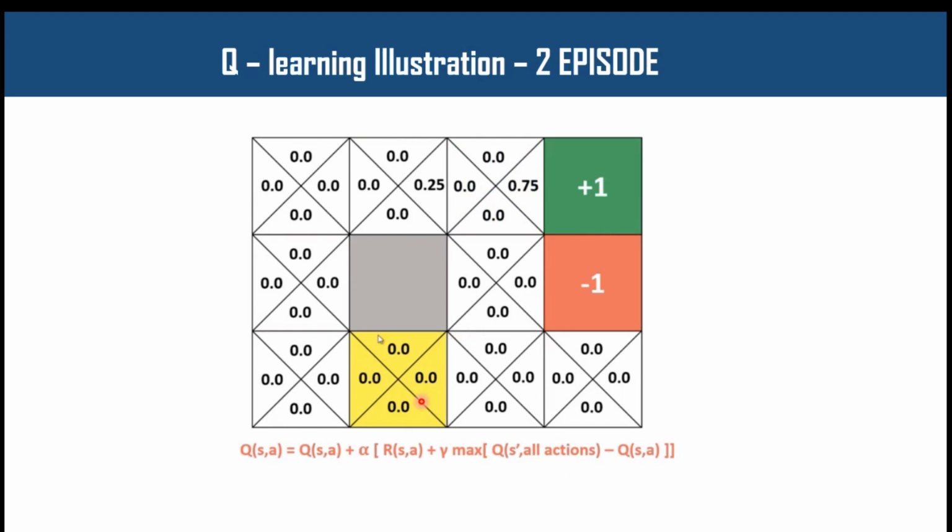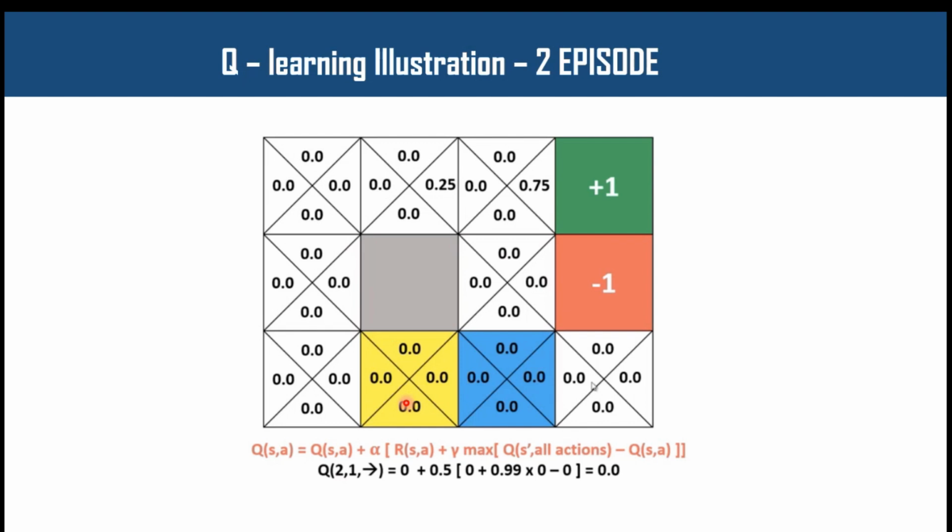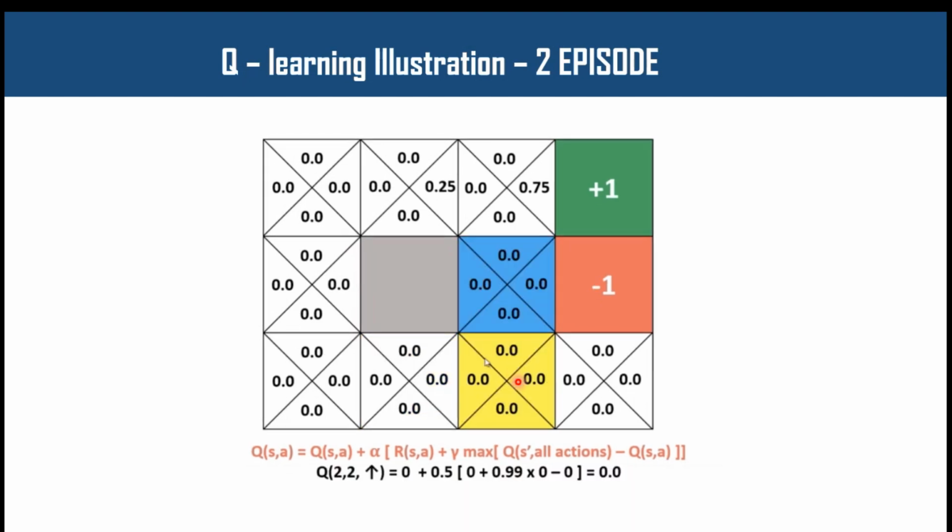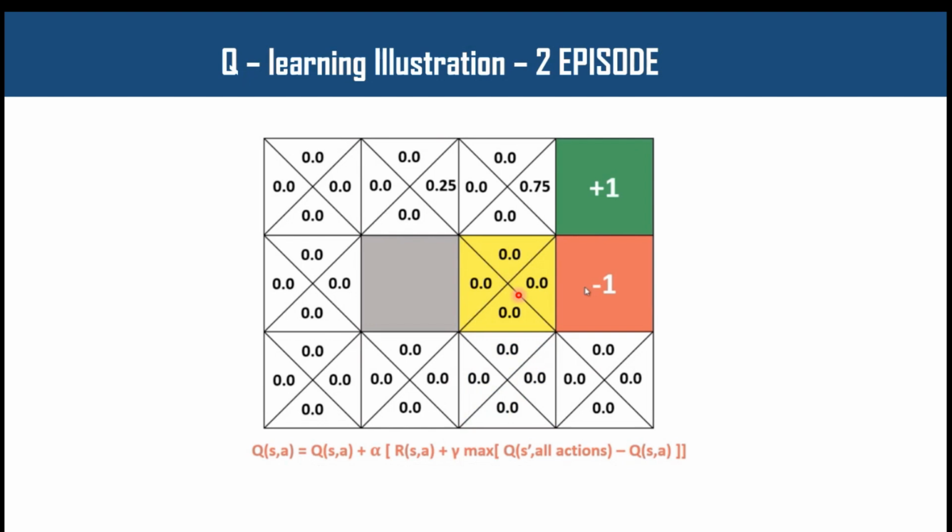So let's see what will happen here. So it again moves from this point to this point, there will be no updation, and it is moving from this point to this point, there will be no updation because all are zeros. And here also the agent doesn't know where to go, isn't it? So either it can go upward or it can go to this point, okay, or it can go back. So the agent is taking a random decision because there is no indication, no values inside the cell.